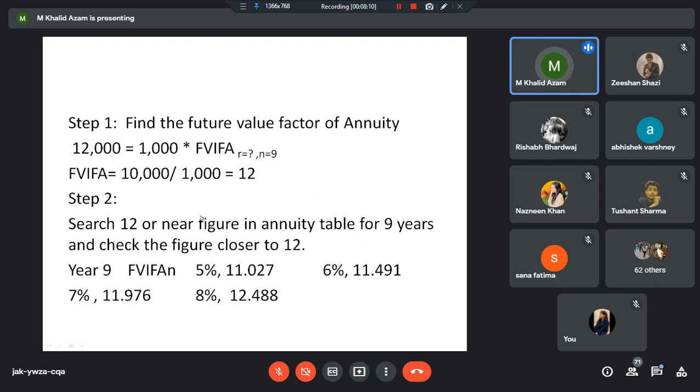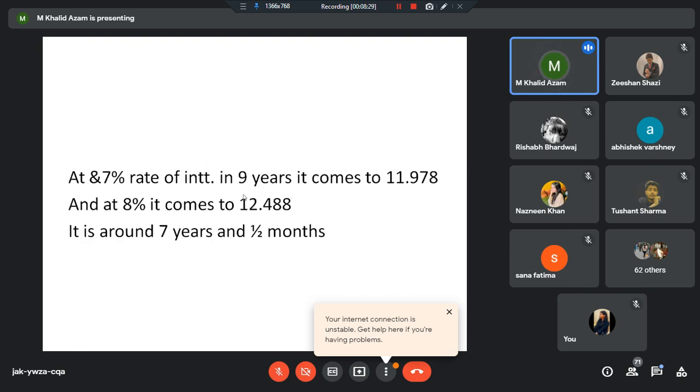For a particular percentage, the value should come to 12. So the trial and error method will help you. No doubt, in trial and error, the calculation will put you in a position to analyze what the return will be.